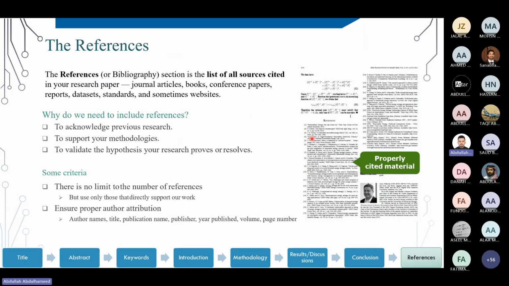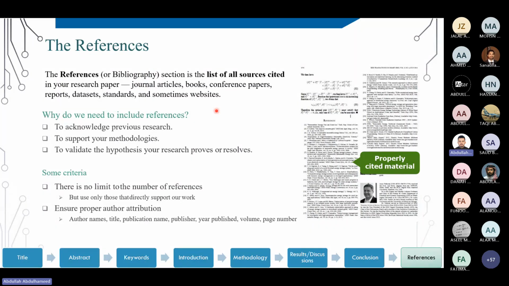Last thing, the references. I believe the references is a section listing all sources. What are the references? It is a list of all the sources cited in your research paper. In your research paper, you cited a lot of papers. I will assume you cited new articles, maybe from the last five years, I would say.